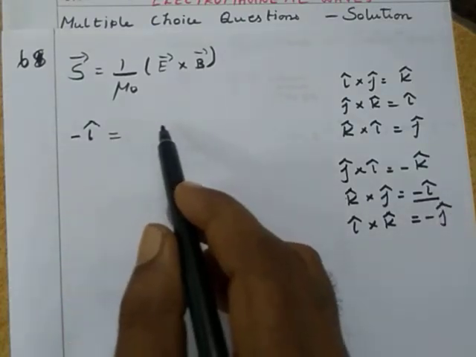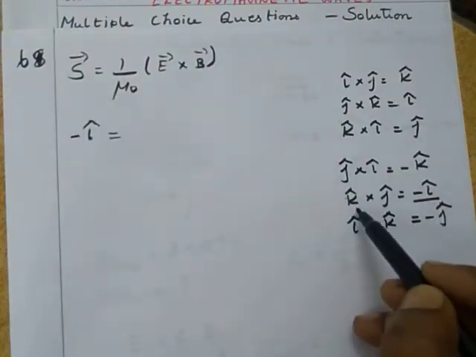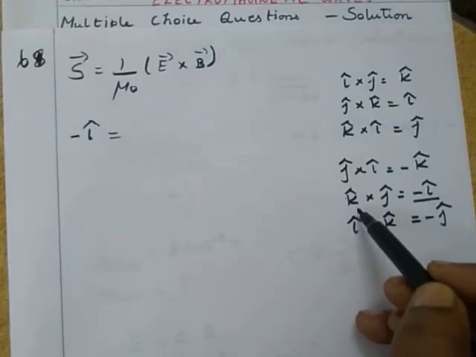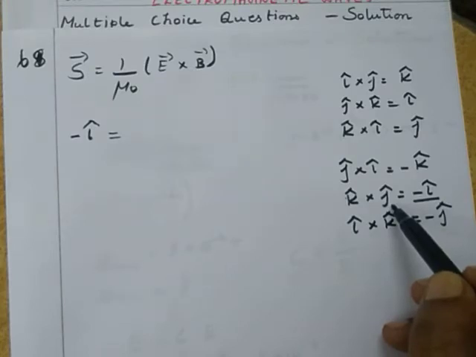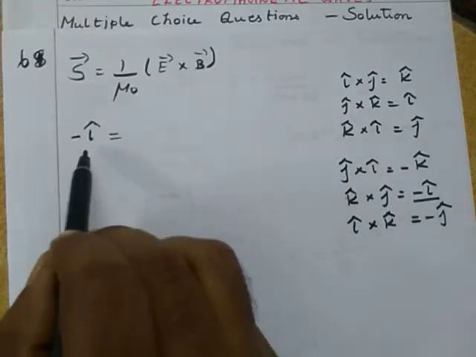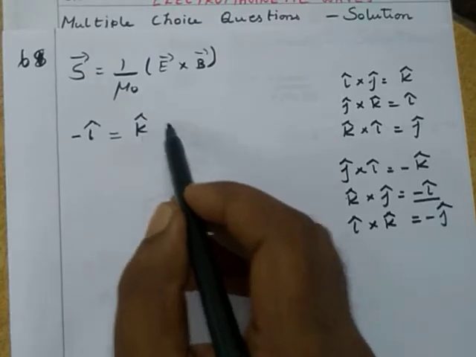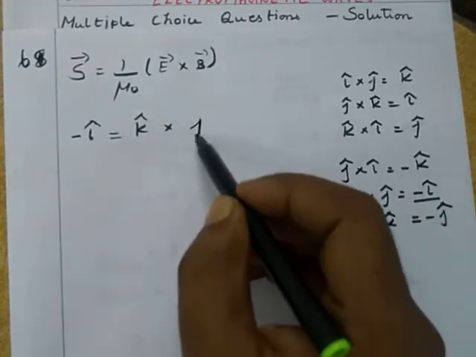So the electric field is along k cap, the positive z-axis, and the magnetic field is along the positive y-axis. We can write this as k cap cross j cap.